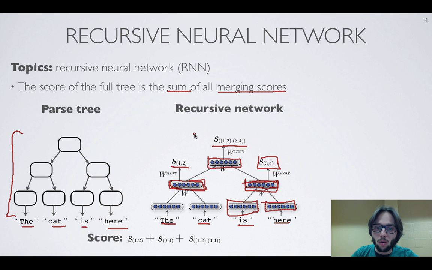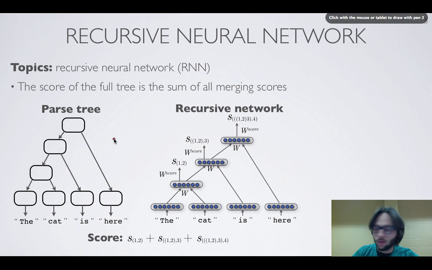And then the score for the full tree is just going to be S12 plus S34 plus S1234 as written here. So in other words, the score of the tree is just the sum of all the scores I computed as I was performing all the representation merges as I was going up towards the root of the corresponding parse tree.